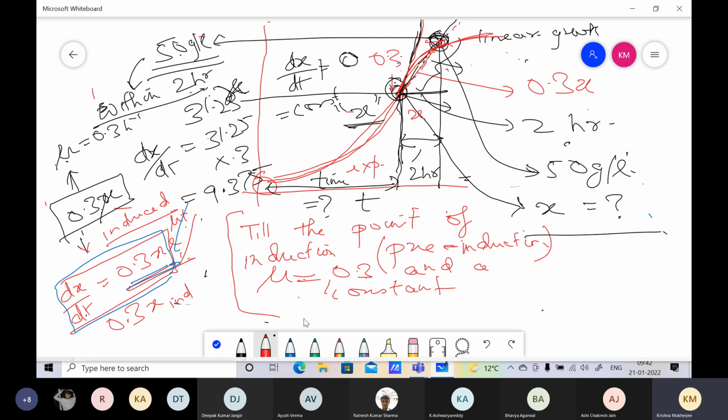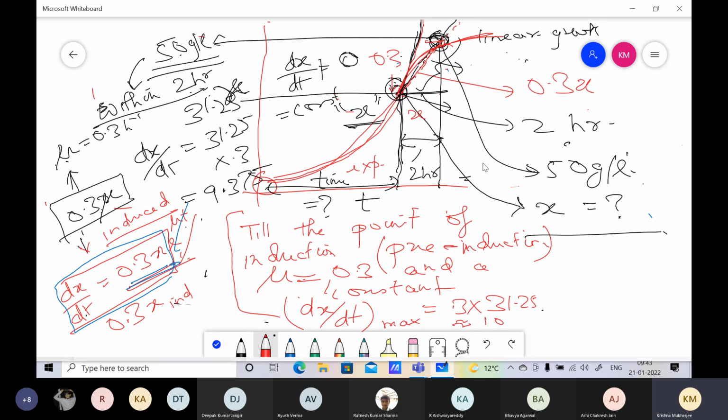This allows me to calculate dx by dt max, which is 0.3 into 31.25, nothing but 9 point something, approximately 10.